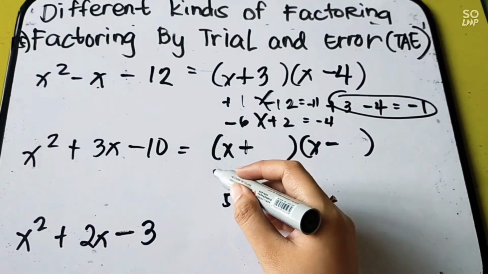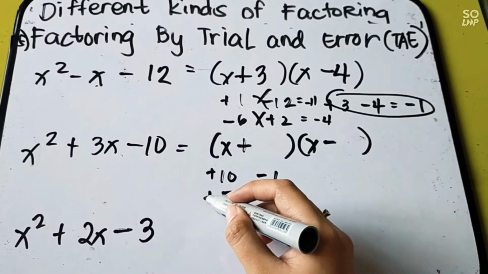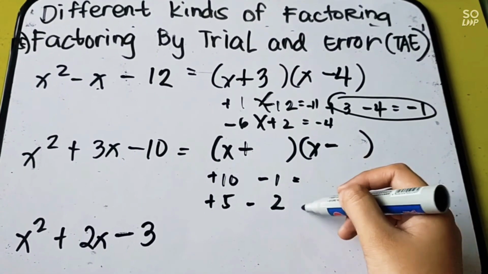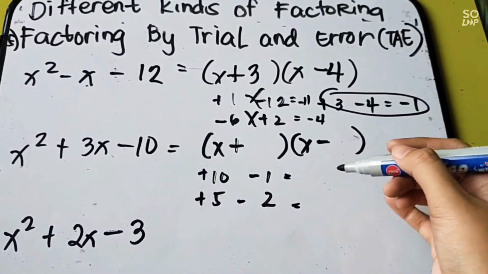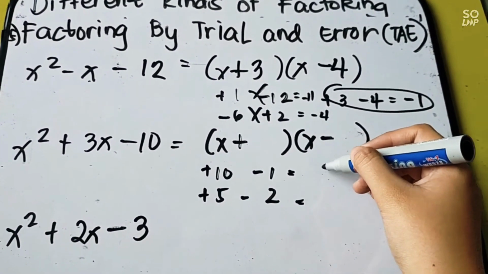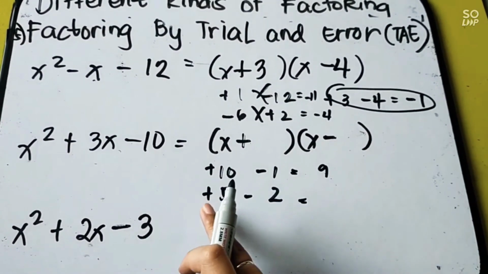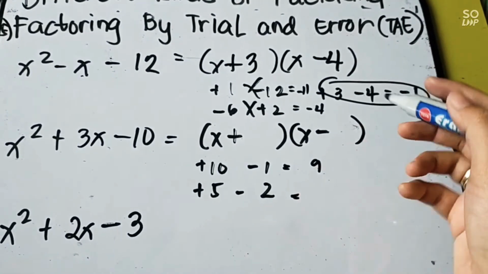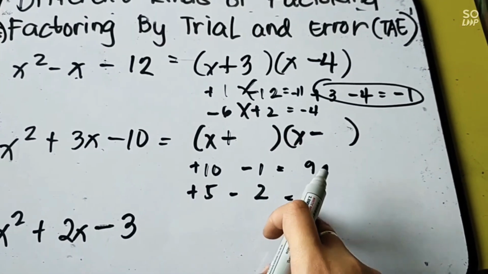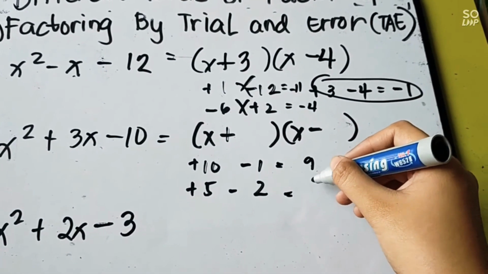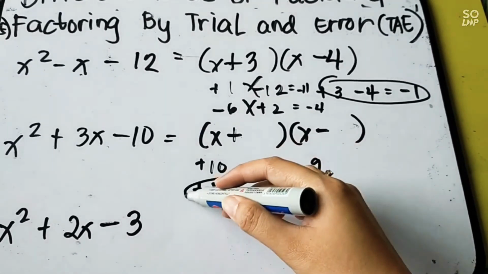So, the higher number is 10, plus. The other is negative. This is plus, this is negative. When you add this one, negative 10 plus negative 1, the answer is 9. This one, positive 5 plus negative 2, the answer is positive 3. So, this one is the correct one.